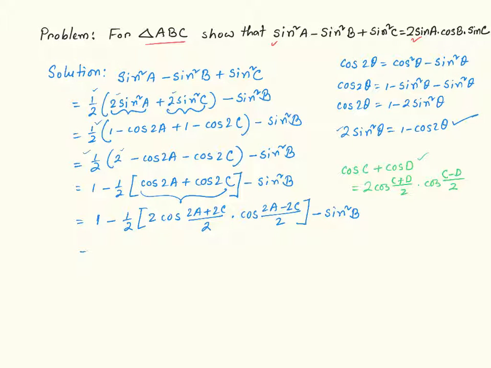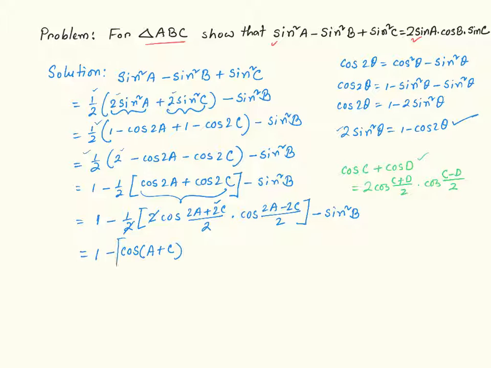So if we simplify it, this is what we get. Now once I get this, I can just simplify it. These 2 and 2 cancel out. That's going to give me minus cosine of, I could factor out a 2 here, 2A plus 2C divided by 2 is going to be just A plus C. Okay.